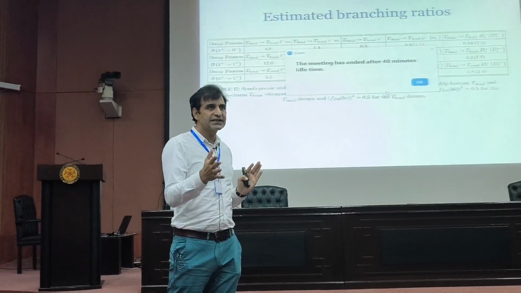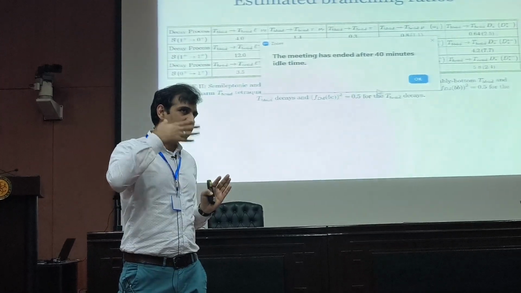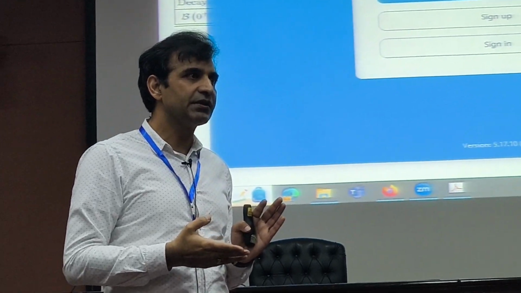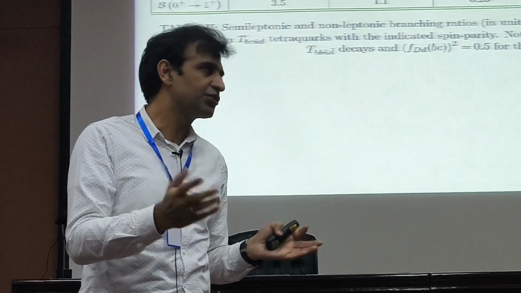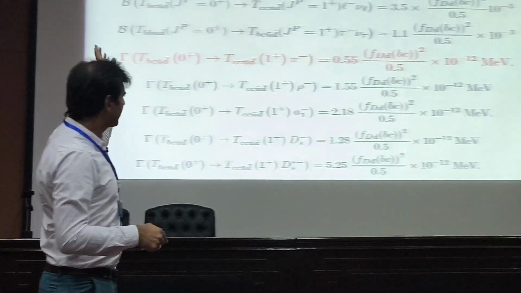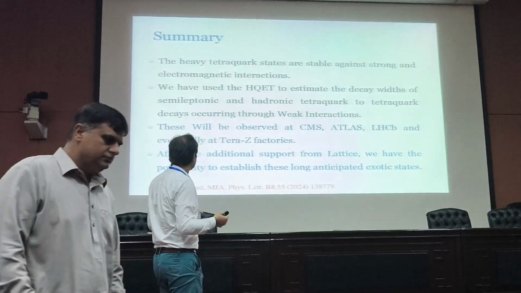And we can use these estimates if these states decay via weak interactions. We know the theoretical value of their branching ratios, at least an estimate. So that was the whole idea of this calculation, and then we have extended the same calculation for the other states. So let me summarize this at this point.